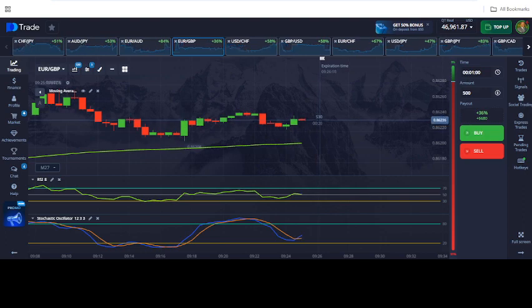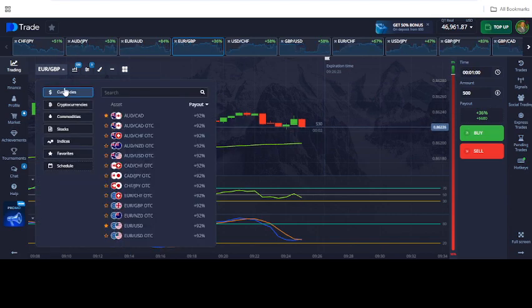So today I'm on the Pocket Option trading platform, and I'm going to be trading regular currency pairs here on the platform. If you click on your assets icon here, Pocket Option has various assets available: cryptos, commodities, stocks, indices, and so forth.